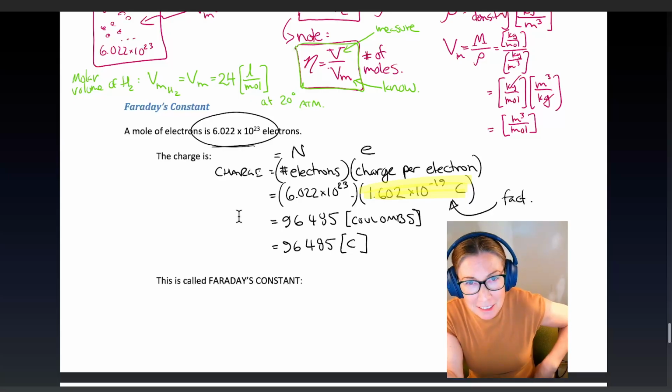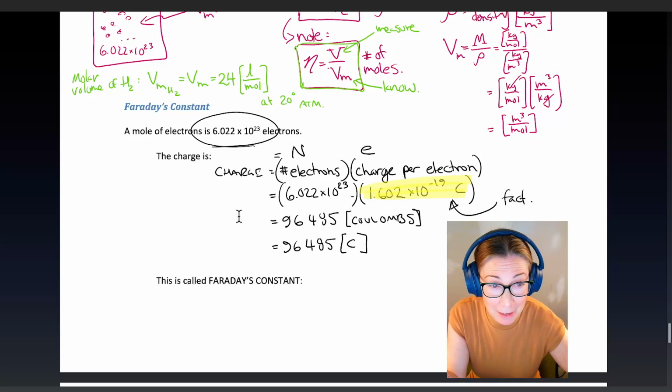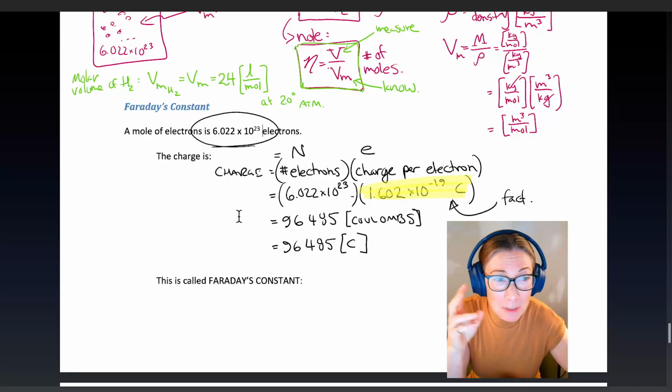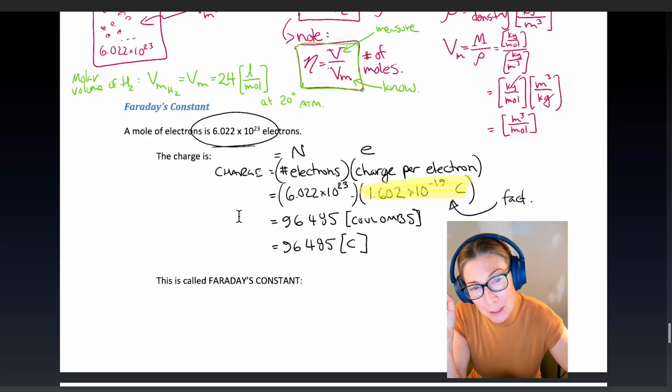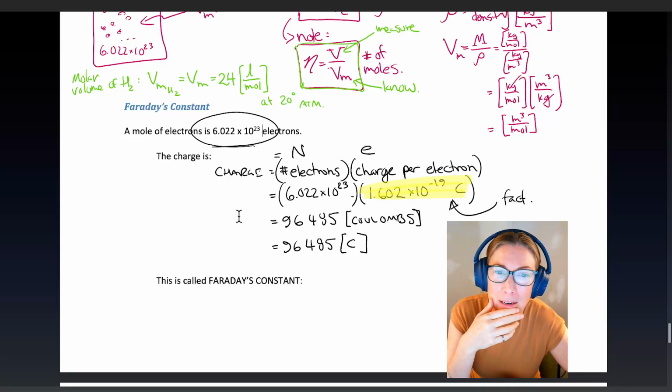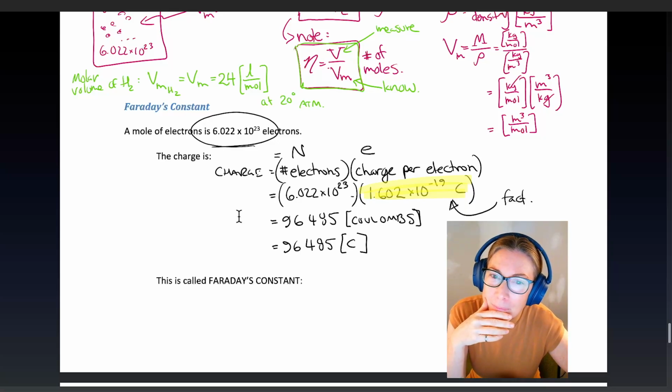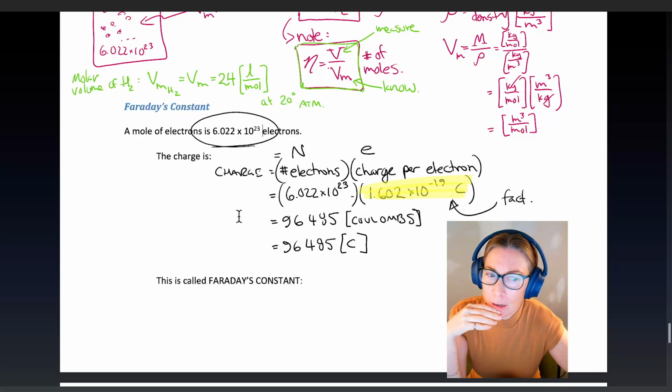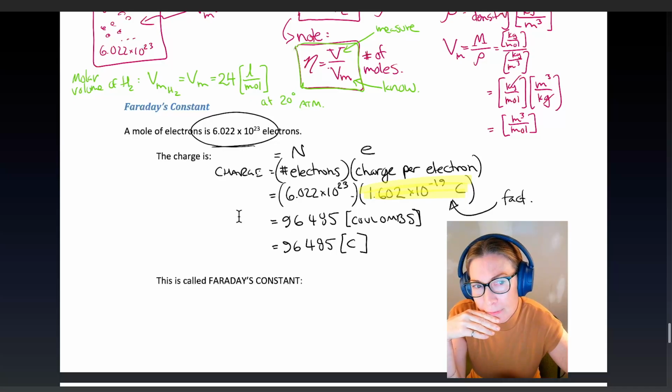These were all misters at the time. It's a historical thing. So Mr. Faraday said, I'm going to take Mr. Avogadro's number and I'm going to multiply it by Mr. Coulomb's number. And that'll give me the amount of charge for that number of electrons. If they're moving. If they're not moving, then they're going to give no charge. And he called that Faraday's constant.